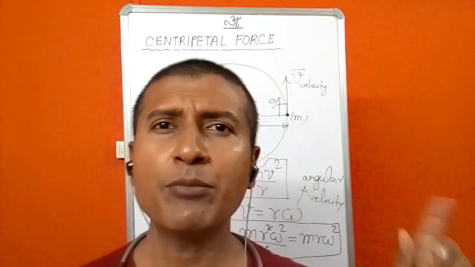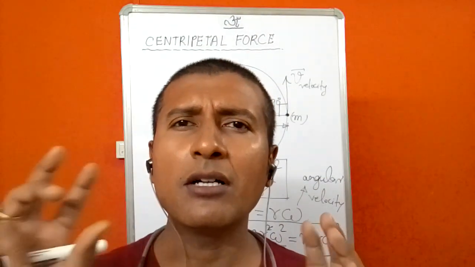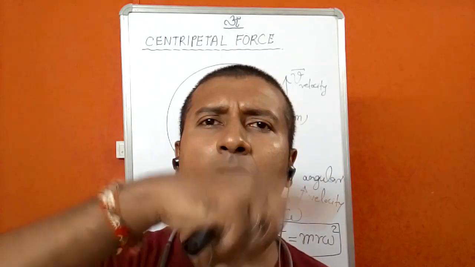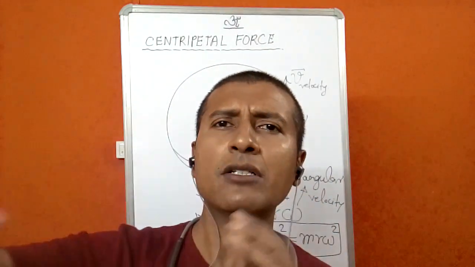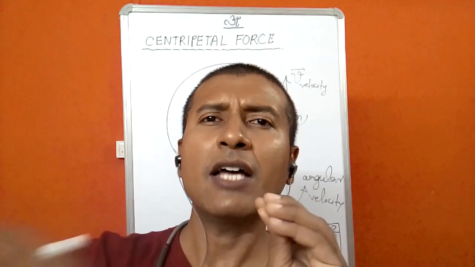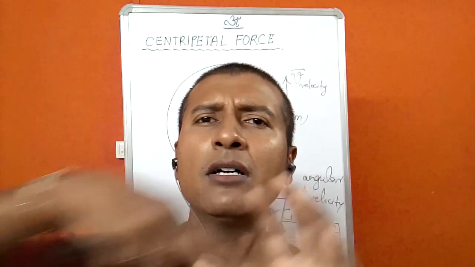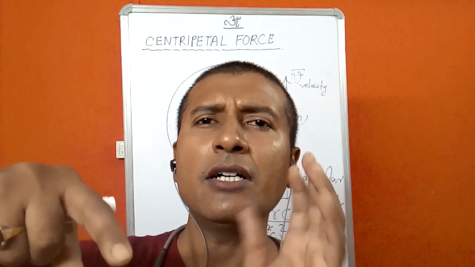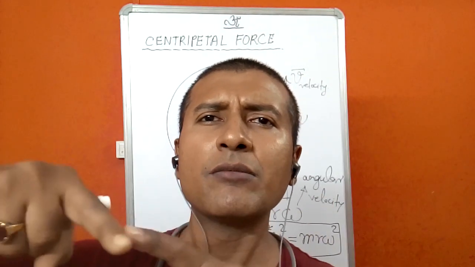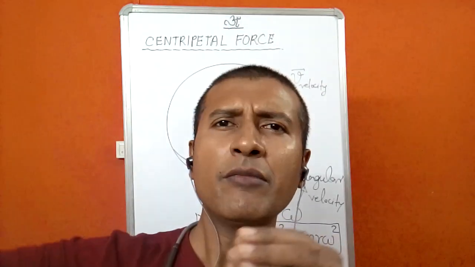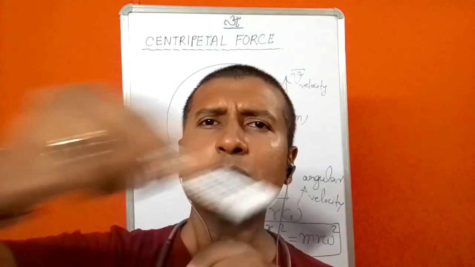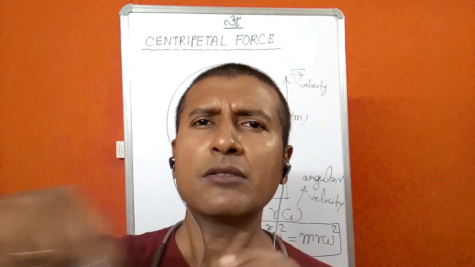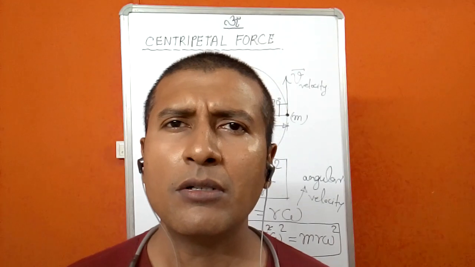Now in case of centripetal force, when we talk about that earth is revolving around the sun, centripetal force is applied by the sun and it's being applied on the earth. Is the point clear? So you need to understand this, and this is very simple, right?